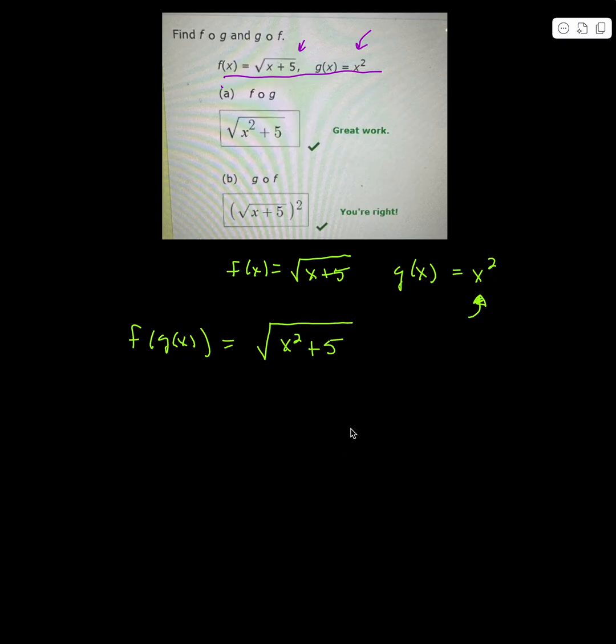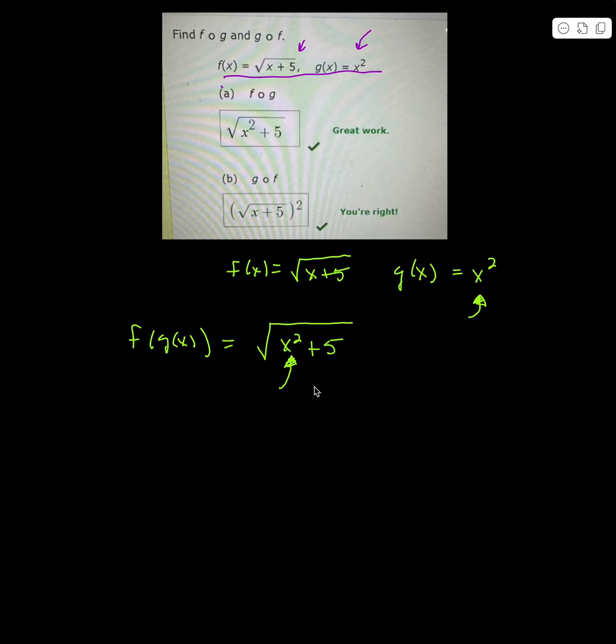Looking at that, we know we cannot take the square root of a negative number. However, we do not even have to worry about it because x is going to be squared prior to us taking the square root. Any number in the real number system, any number on the number line, when it is squared, will be positive.